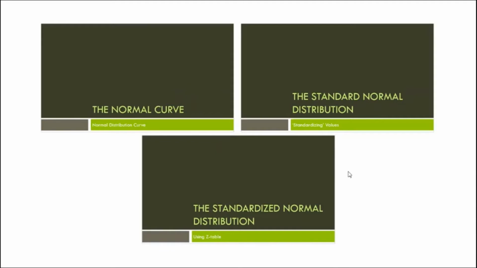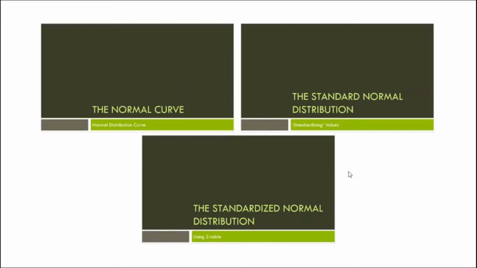After, we were able to convert the values, which we denote using x, into their equivalent z-scores. In short, we were able to standardize those values.